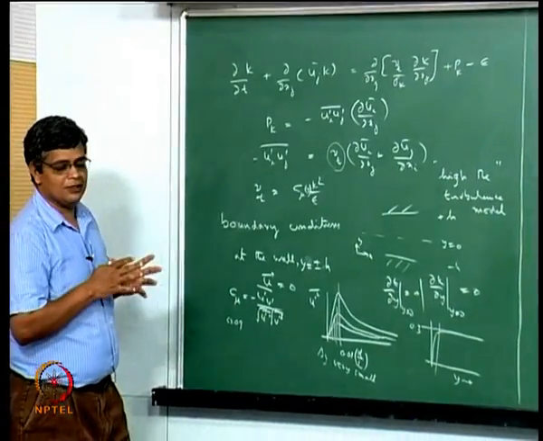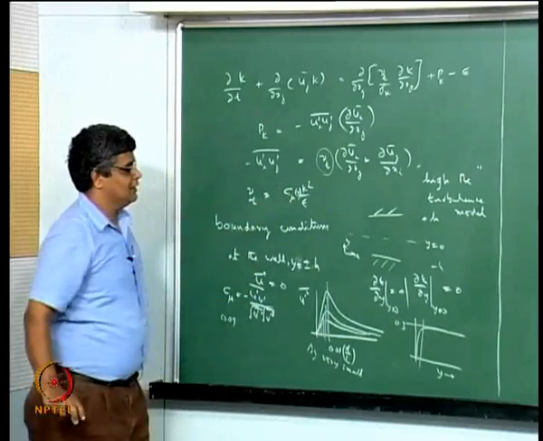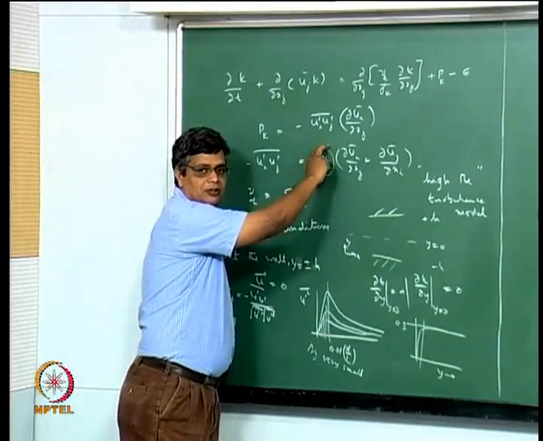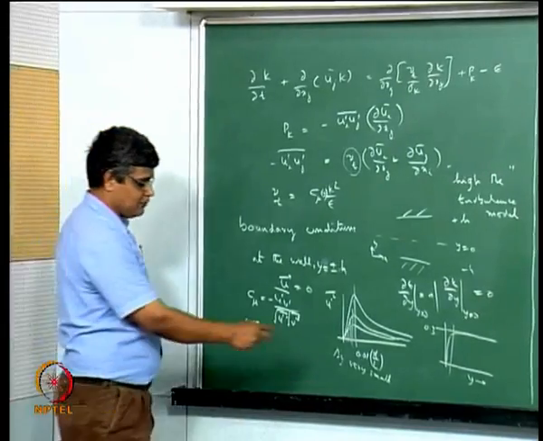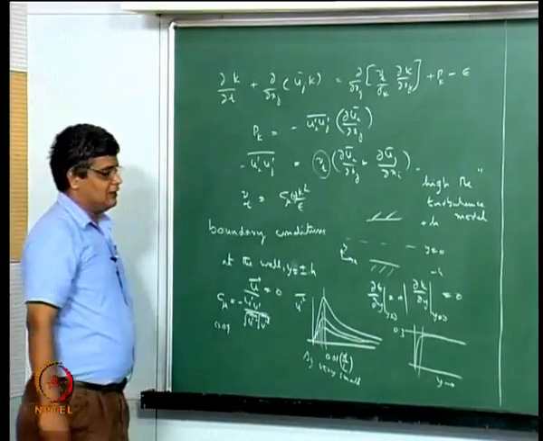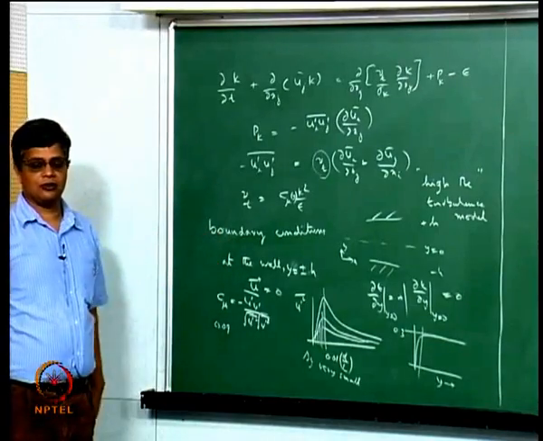So there are a number of reasons. One is the non-constancy of the constants, the non-isotropy of the turbulent viscosity and the need for very small delta y. For all these reasons we cannot take this model very close to the wall.